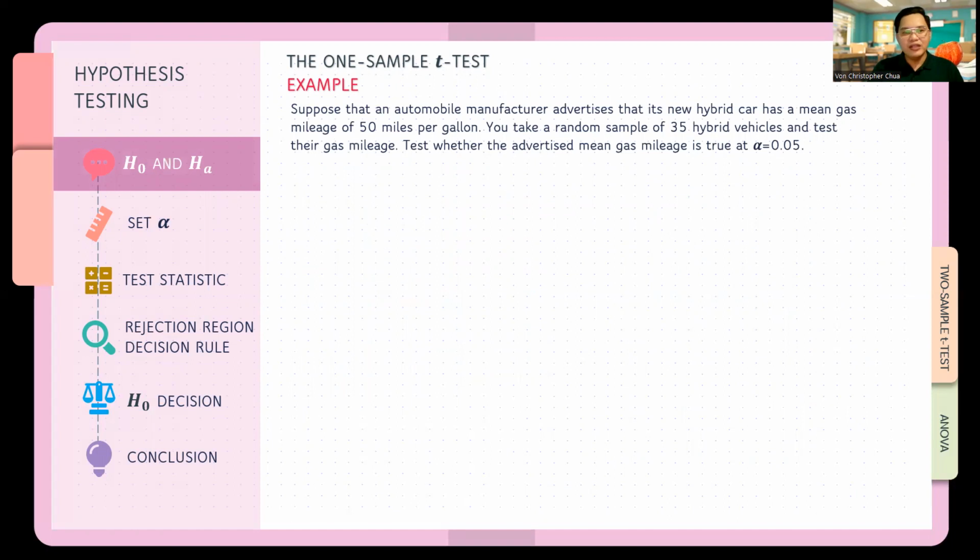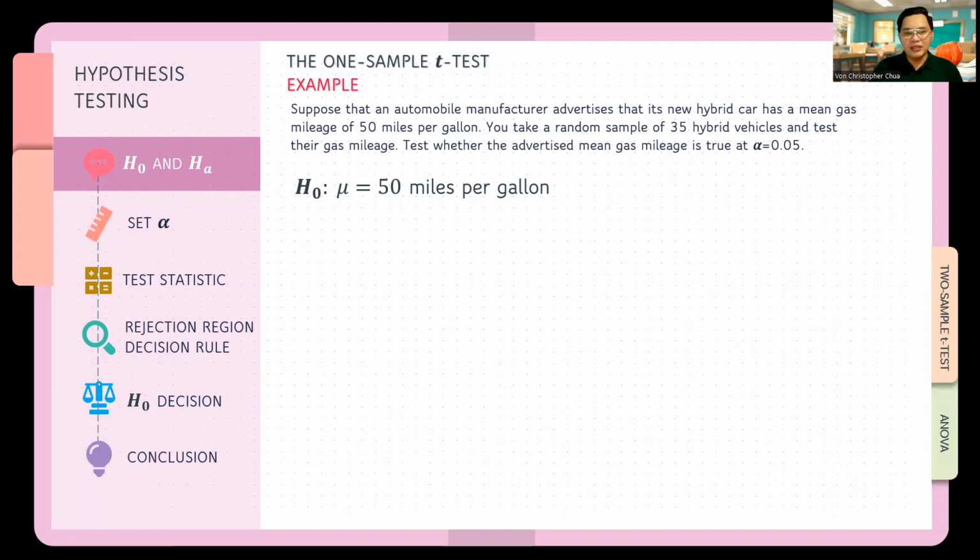So the underlying research question, if you think about the problem, is that it's asking us whether or not there is a significant difference between the sample mean of the 35 hybrid vehicles and the hypothesized mean provided by the manufacturer. So to answer that question, the null hypothesis would say that there is no significant difference between these two different means.